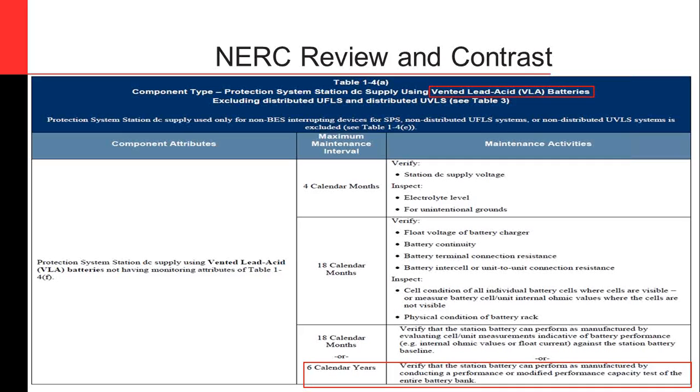Now, the one part I did want to point out: unlike in the IEEE guide, where cell ohmic values were optional for vented lead acid batteries, the NERC standard or guidelines dictate that you're either going to do cell ohmic measurements every 18 months, or, as I have boxed out, you're going to do a capacity test, a maximum every 6 calendar years.